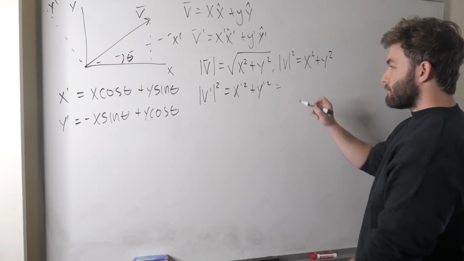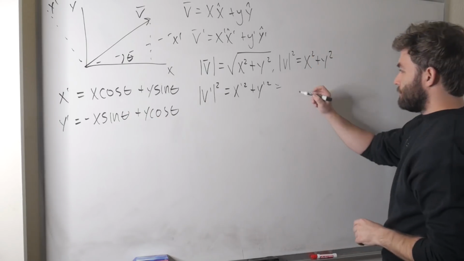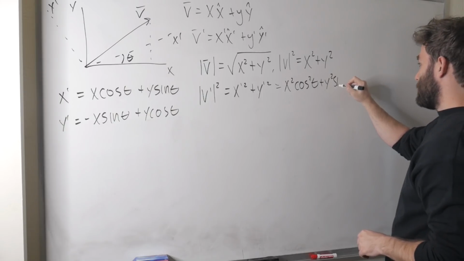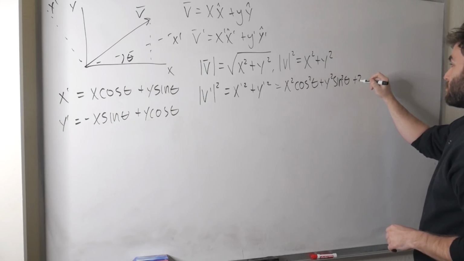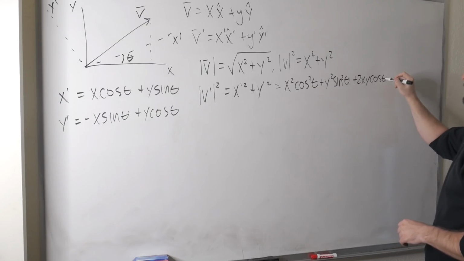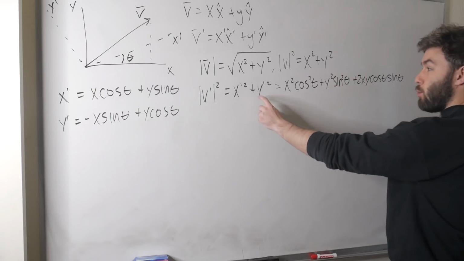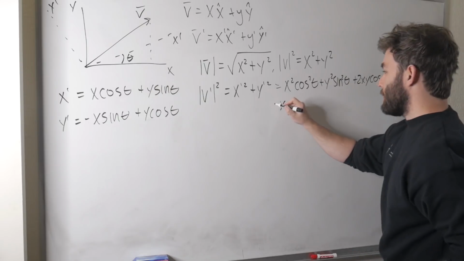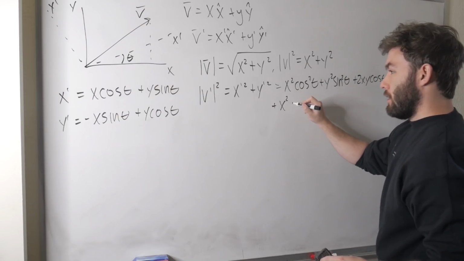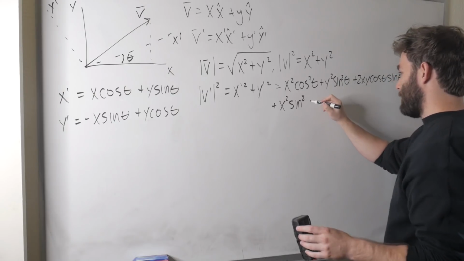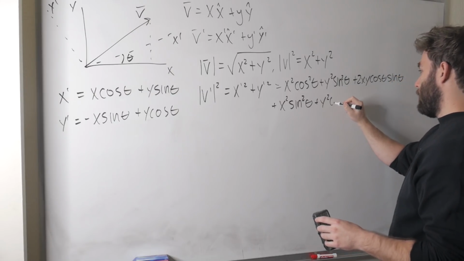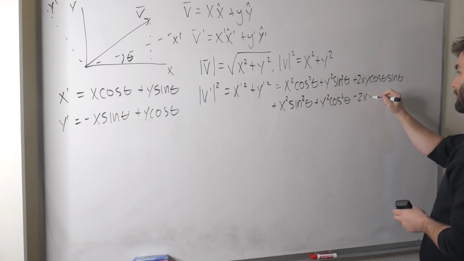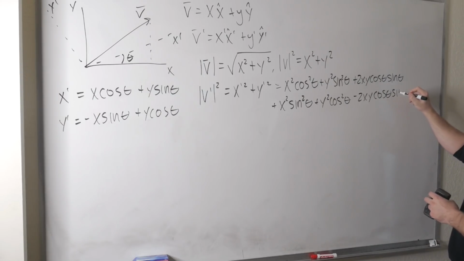So this is equal to, for the x prime squared, let's just square this guy. x squared cosine squared theta plus y squared sine squared theta plus 2xy cosine theta sine theta. And then the y term. So we have this guy here, is equal to x squared sine squared theta plus y squared cosine squared theta minus, because there's that relative minus sign, 2xy cosine theta sine theta.